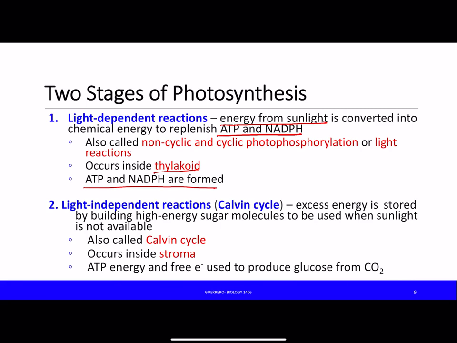Normally it's glucose. So we use energy to build a sugar molecule. This is happening in the stroma. Remember that liquid part of the chloroplast? Again, we use energy and available electrons to make glucose from carbon dioxide. So that's what's happening in those 2 major steps of photosynthesis.